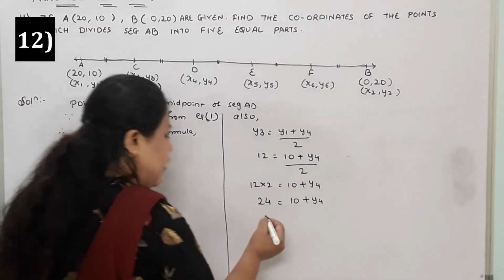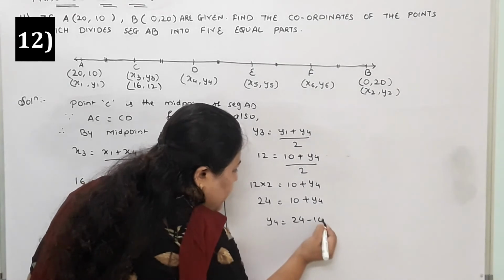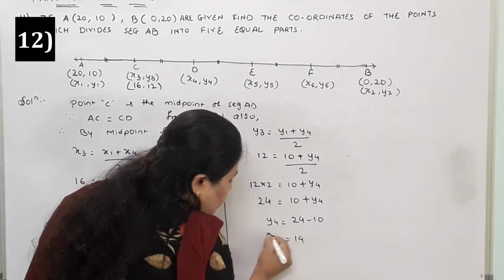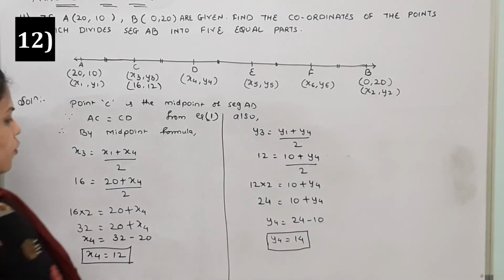So y4 equals what? 24 minus 10. y4 equals 14. Here we get the coordinates of point D as 12 and 14.